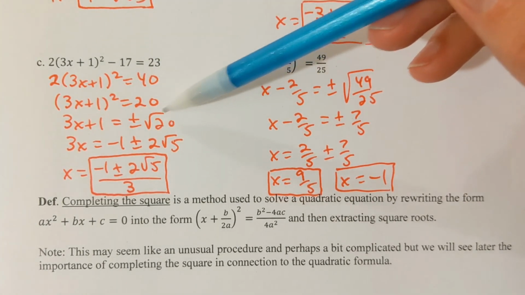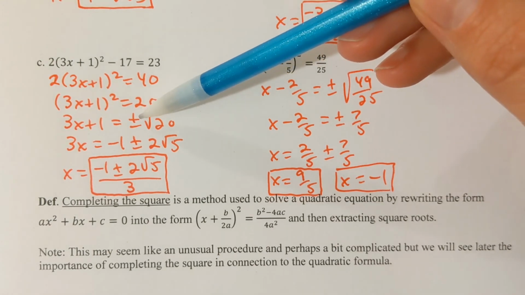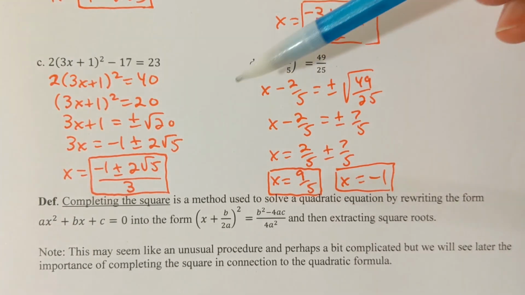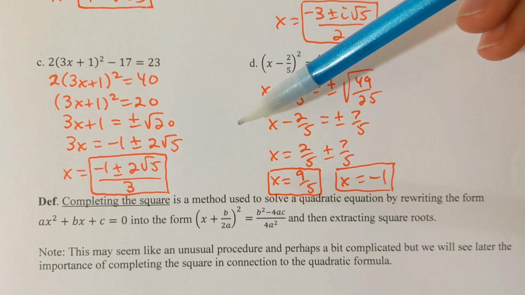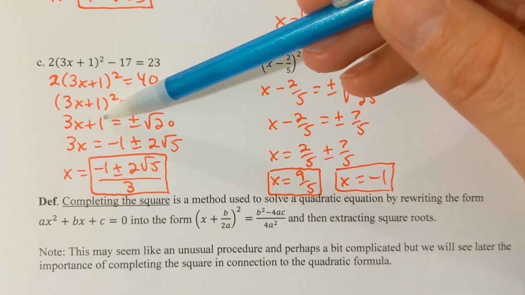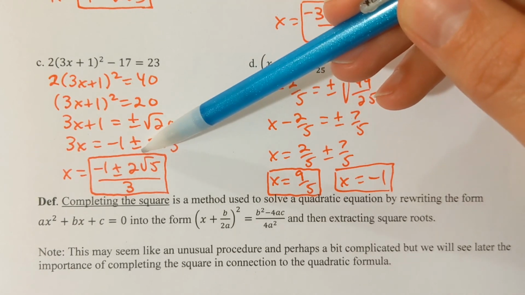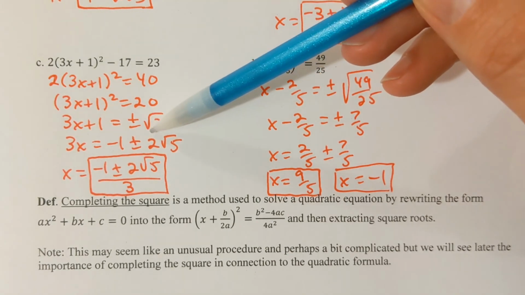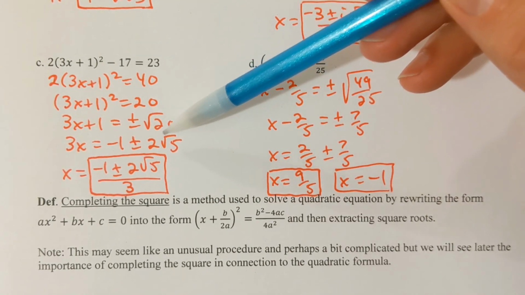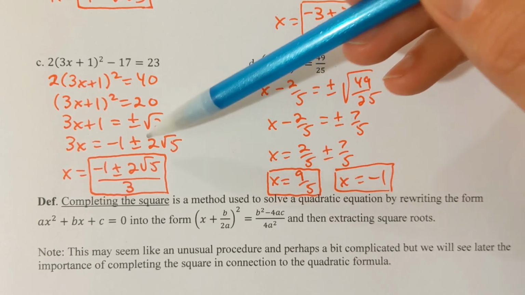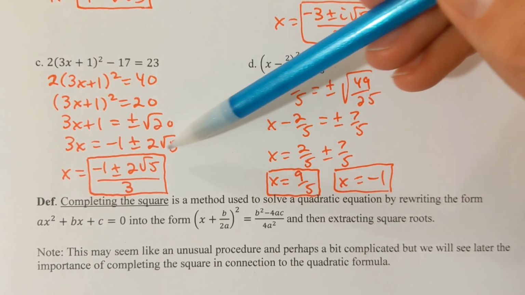I'm taking the square root of both sides, like I said. And again, make sure that you attach the plus or minus on the right. Now you're going to subtract 1 and divide by 3. Also, the square root of 20 is going to simplify as 2 root 5, right? 4 times 5 is 20, and we know the square root of 4 is 2.